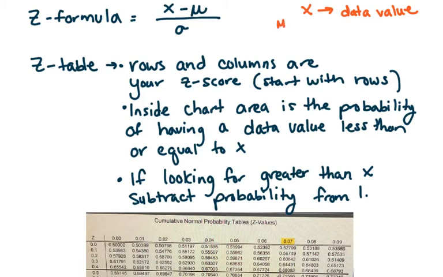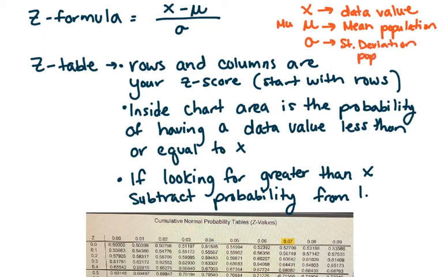Mu is this little U symbol. This is the mean, and more specifically, it's the population mean. And then sigma we already talked about is the standard deviation, and more specifically, it should be the population standard deviation.